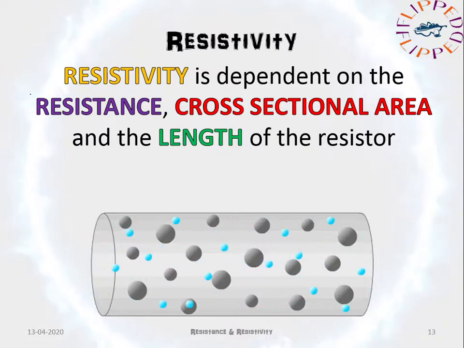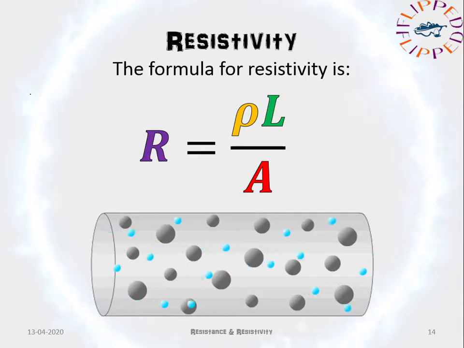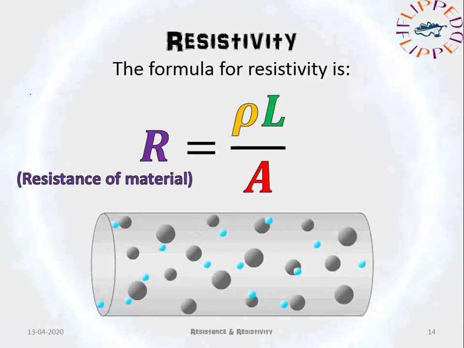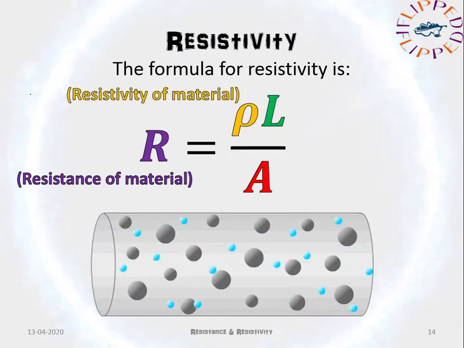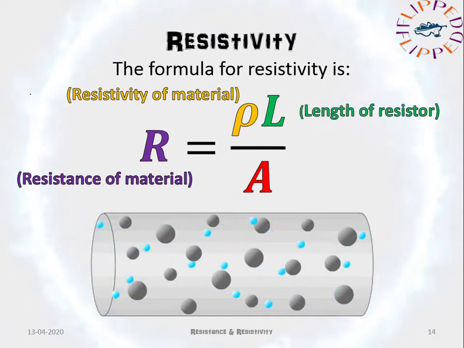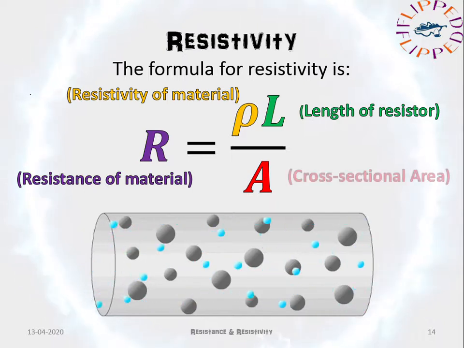Okay, so resistance is dependent on three things: the resistivity, the cross-sectional area, basically the thickness, and the length of the resistor. Now, we know that the resistivity formula comes from this formula where we say that R, the resistance of the material, is equal to rho, Greek letter rho, which is the resistivity of the metal, times L, which is the length of the resistor, divided by A, which is the area.